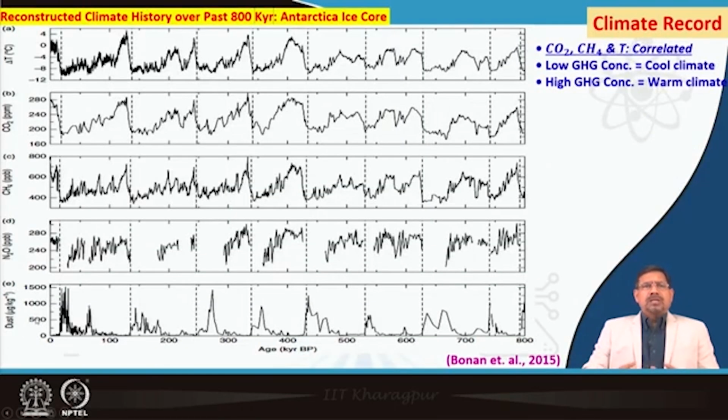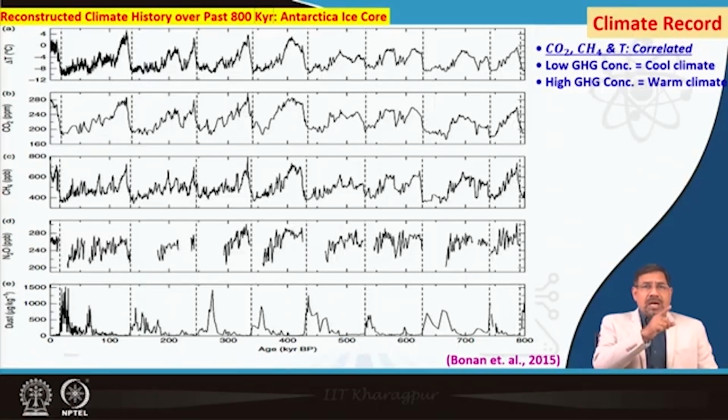Now, friends, let us move ahead to when we try to reconstruct the climate history using information from the ice core from Antarctica. The CO2, carbon dioxide, methane and temperature variation have been correlated and corroborated.